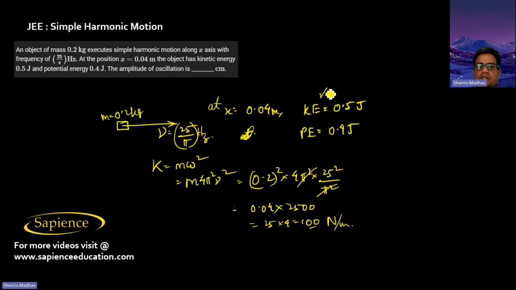Then you know that kinetic energy is equal to half m omega square into a square minus x square, since it is half m v square. Then potential energy is half k x square. Then their sum is equal to half k a square.